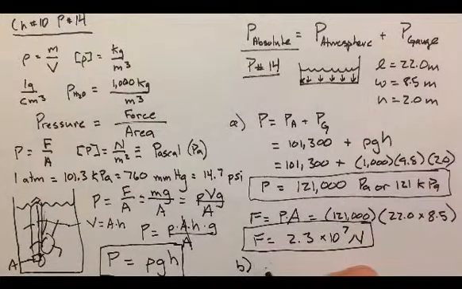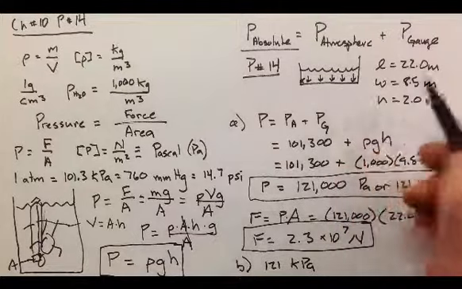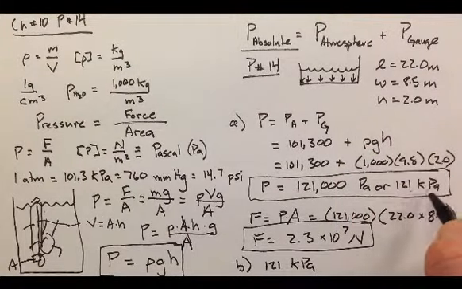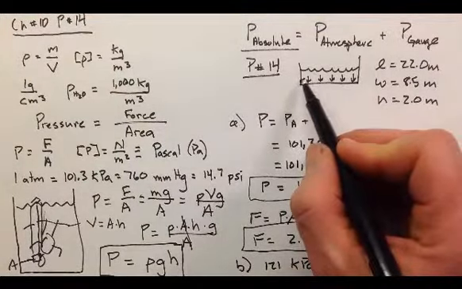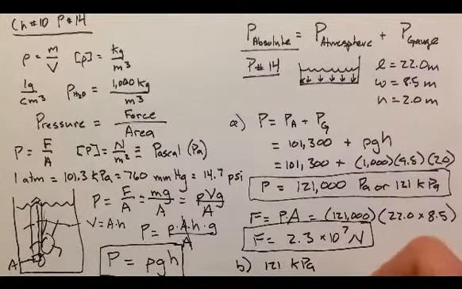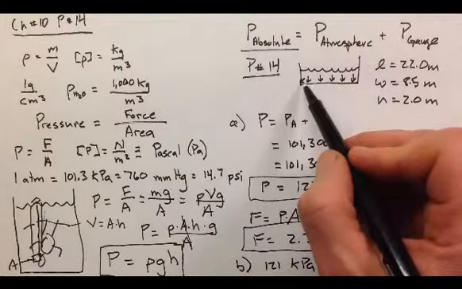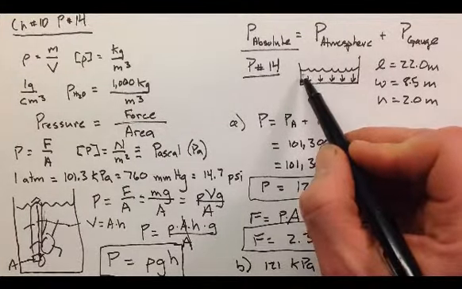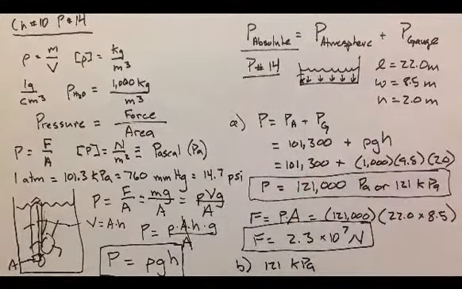So the answer to part B is just the same as the answer to part A. That is, at the bottom of the pool, the pressure is 121 kilopascals, while the pressure against the side of the pool, very close to the bottom, would be 121 kilopascals also. Now, if I went up the height of the pool to about halfway up, then the pressure would be less.